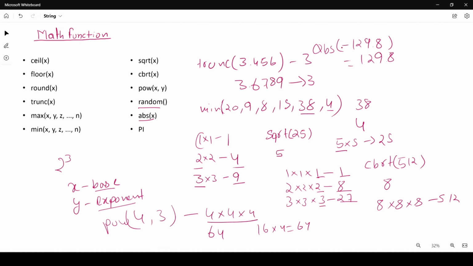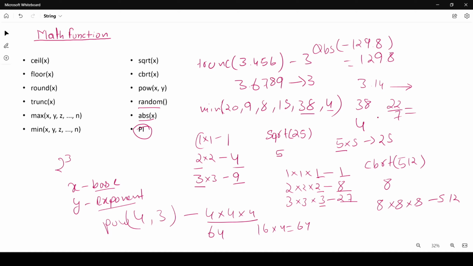It removes the negativity of any number. And after that we have PI. PI gives us the value of pi. By default it is 3.14 and so on. Okay, we know that the value of pi is 22 by 7. If you calculate this, it will give you the exact value.